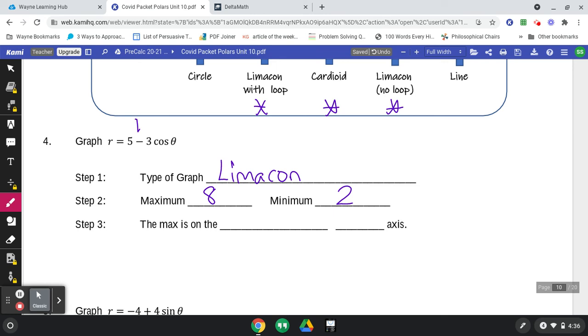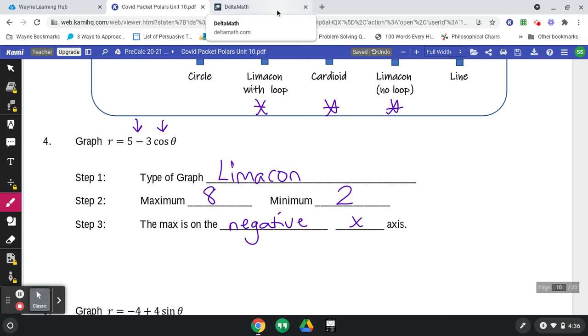Because of this minus in the middle right there, it's going to happen on the negative. And then cosine is always x, so it's going to happen on the negative x-axis. So we should plot the point so that it's shifted to the left. Negative x-axis is going to be to the left.